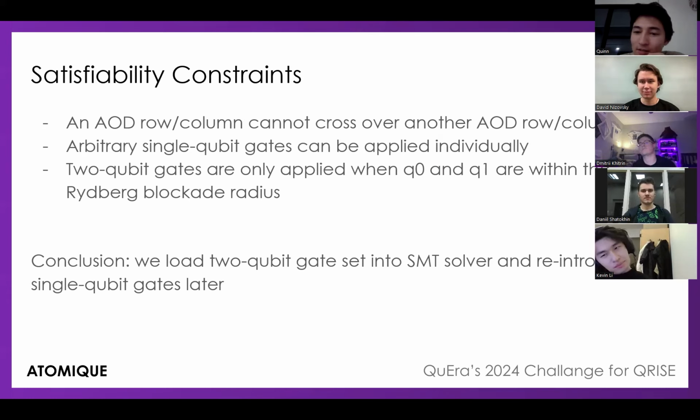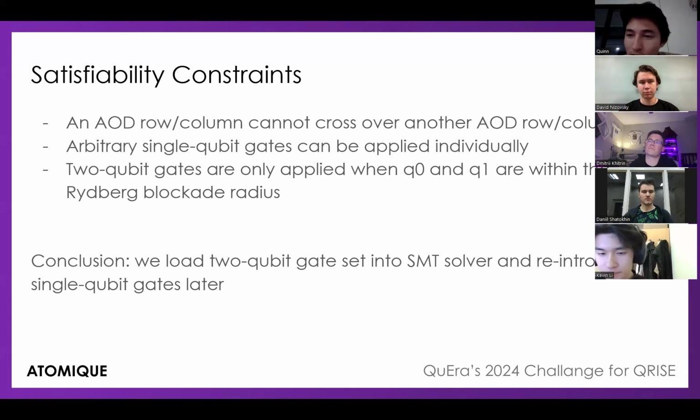So this means that qubits which need to connect to another qubit over a separate AOD channel or tweezer need to be dropped off in an SLM and then picked up by another AOD. We also assume that arbitrary single qubit gates can be applied. So this is important for our solution on single qubit gates.